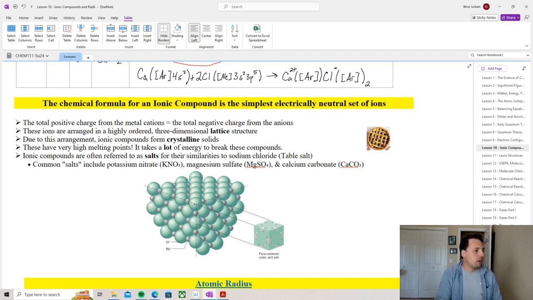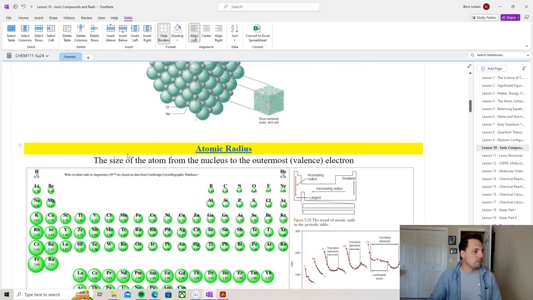And a couple are potassium nitrate and magnesium sulfate and calcium carbonate. These compounds will all form like these powders that we can see in real life. But we'll learn a little bit why the energy here is so much for a crystalline solid.